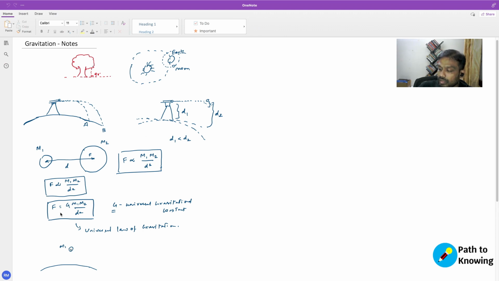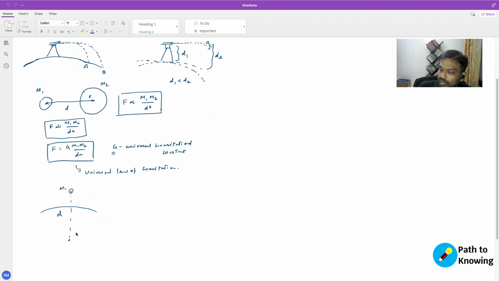If you consider this to be the center of the Earth, and this distance to be d, then per Newton's law of gravitation, the force is going to be equal to G times the mass of the apple times the mass of the Earth divided by d square, right?